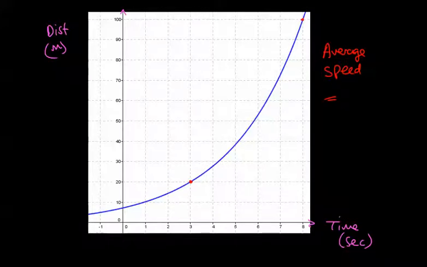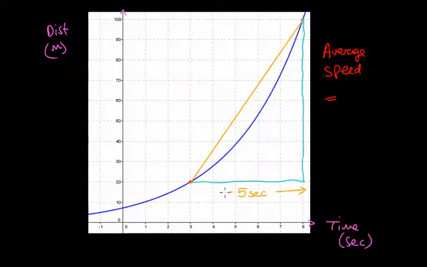What we have to do is join these two up with a nice straight line like this, and we'll make a right angle triangle with this orange line, and work out the number of units going across. So from 3 seconds to 8 seconds, that's a gap of 5 seconds here.